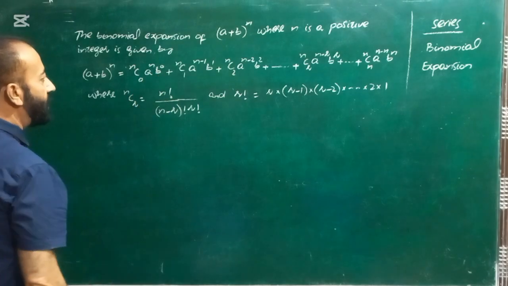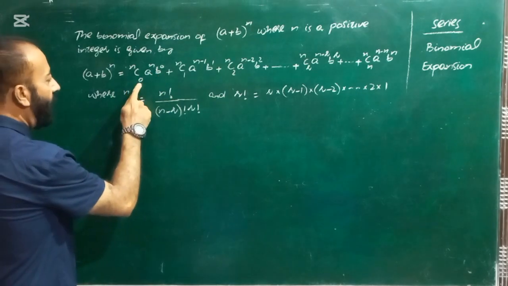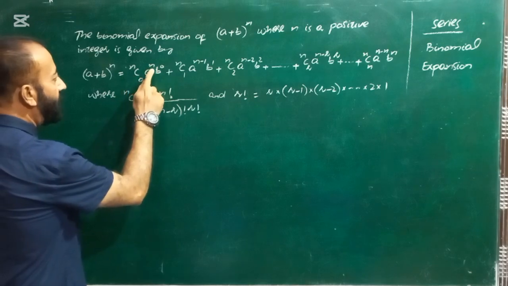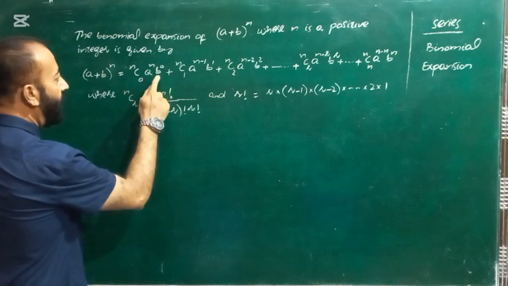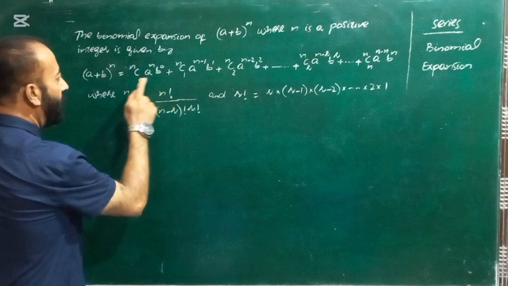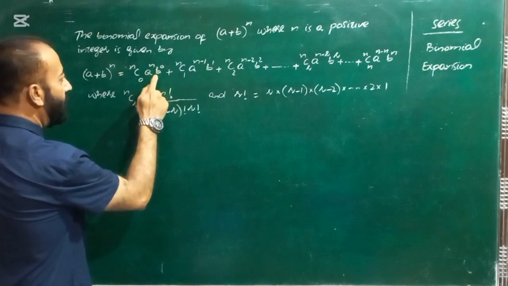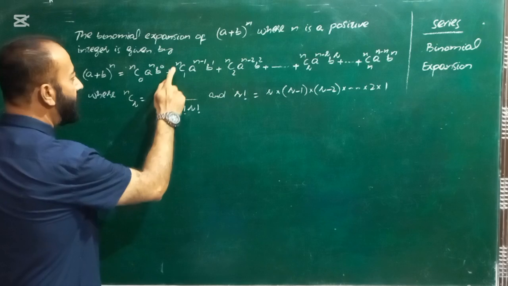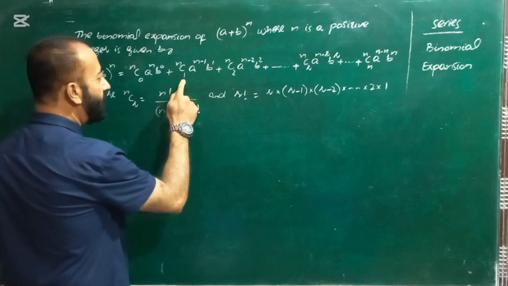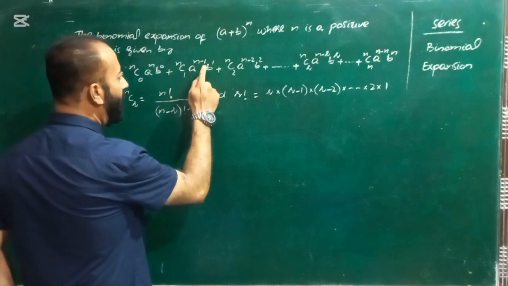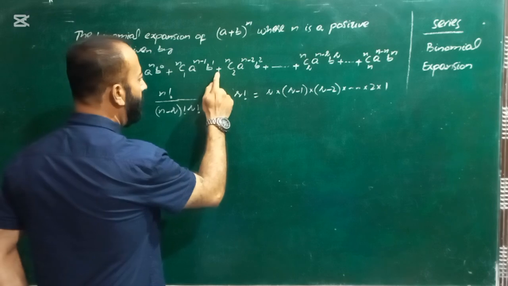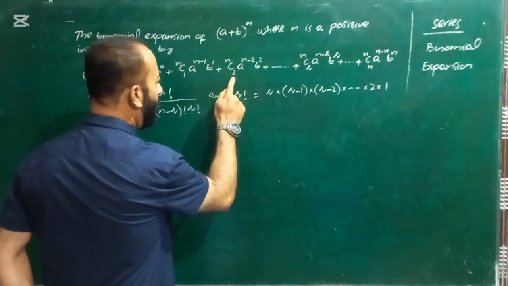Now you will see whatever is at the bottom of the C, that will be subtracted from n, and that will be the value of the b. So look now, nC0 is equal to a^(n-0) b^0 plus nC1. So look now, here is 1 now. So a^(n-1) b^1 plus nC2. So look now, here is 2 now.